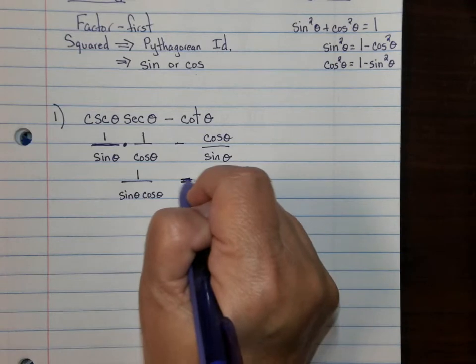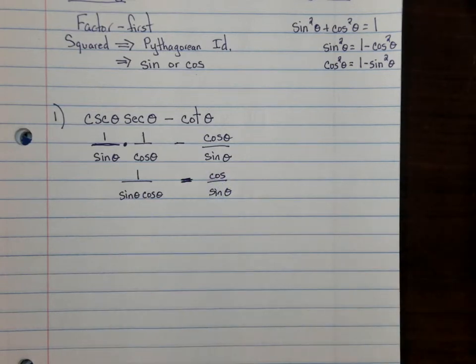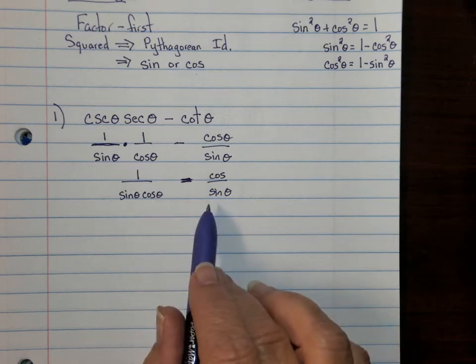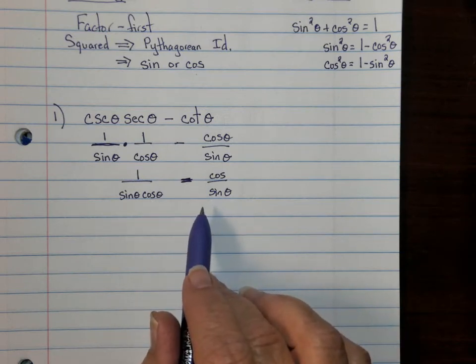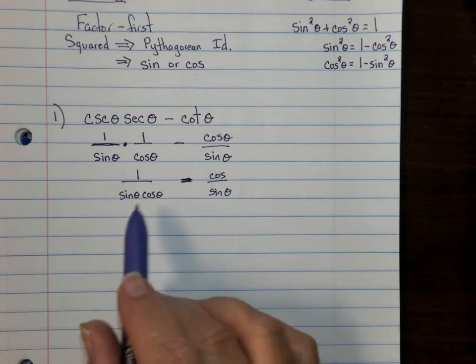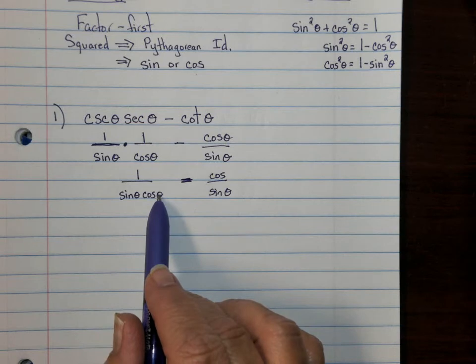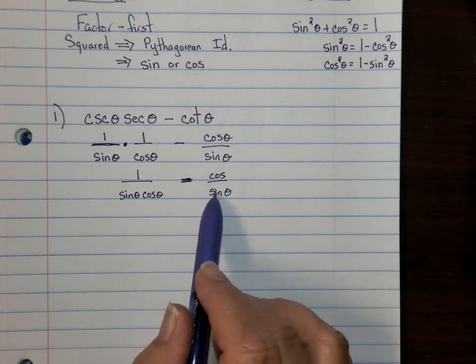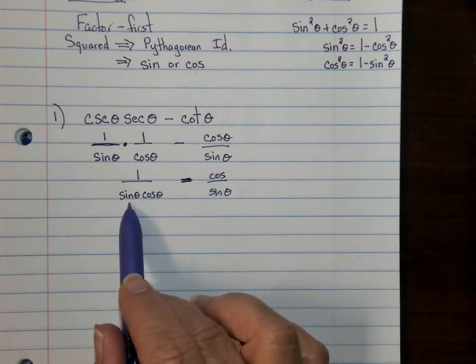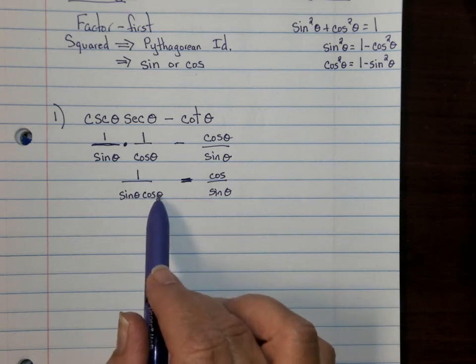We are subtracting fractions. So what you should know, and you were reminded about in the warm-up, is when you subtract fractions, you have to have a common denominator. Can you see that sine theta times cosine theta would be your common denominator? Sine theta is a factor of sine theta cosine theta.